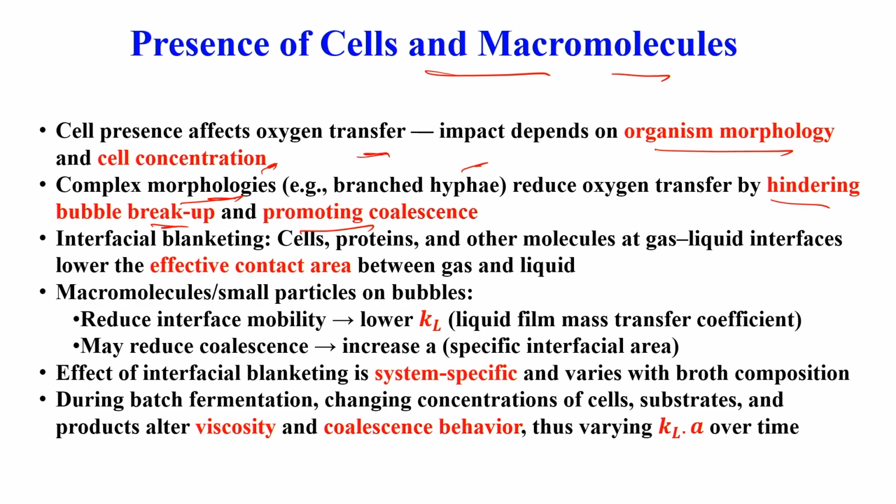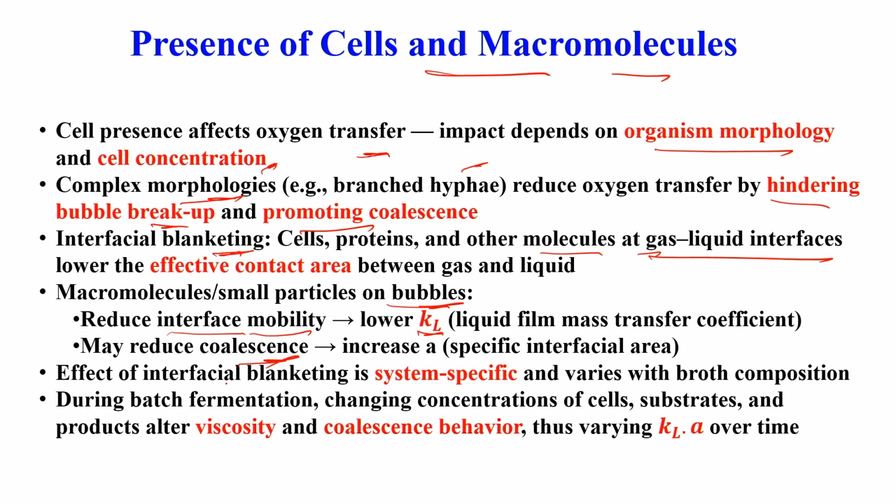In addition, when we are talking about interfacial blanketing, the cells' proteins and other molecules can adsorb at the gas liquid interface. Macromolecules or small particles on the bubble reduce the interface mobility and lower the KLa value.